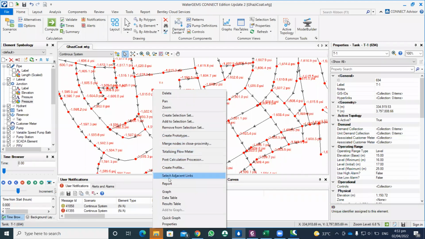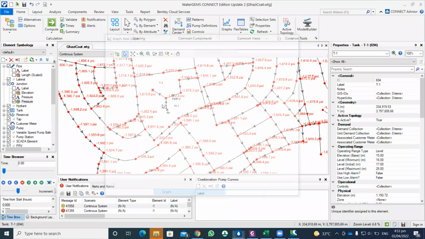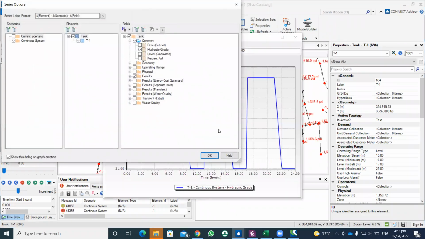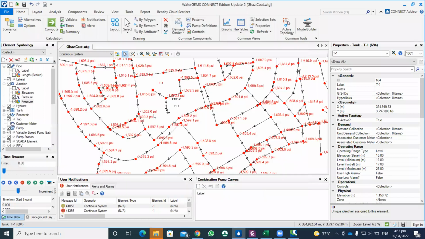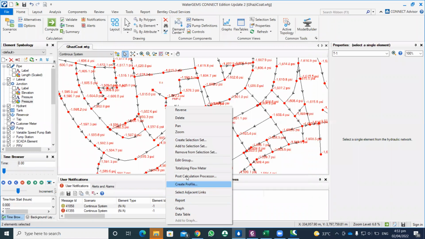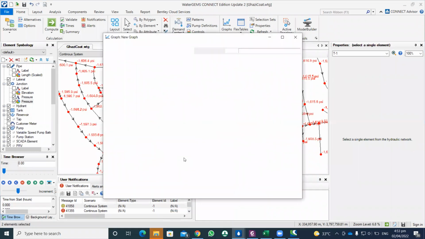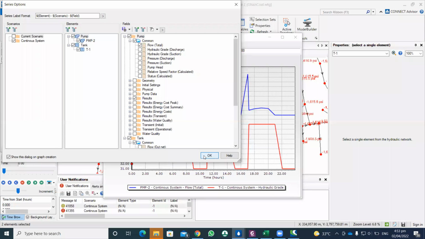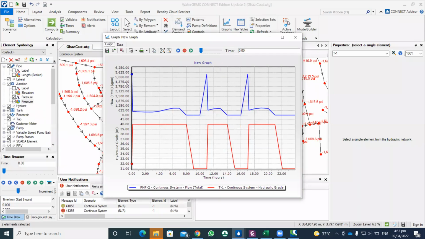And always try to, let me select both of these. Okay, so basically this is the flow provided by the pump.